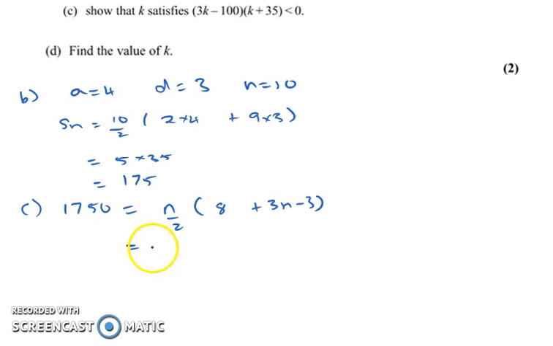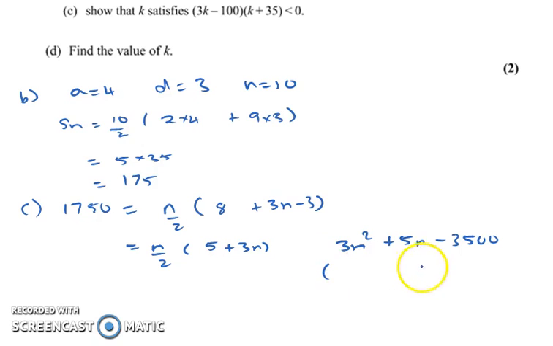So this becomes n over 2 (5 add 3n). If we multiply that 2 up and bring everything onto one side, we end up with 3n squared add 5n minus 3,500.